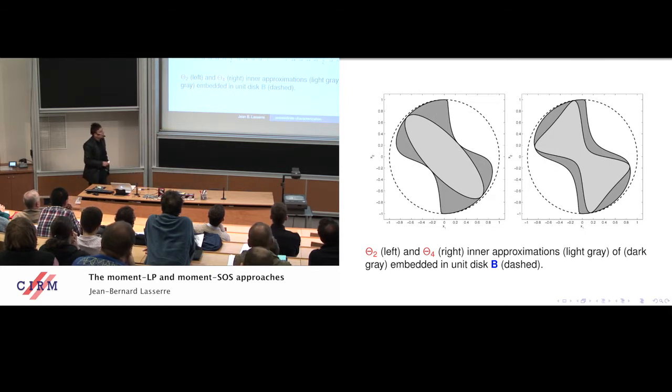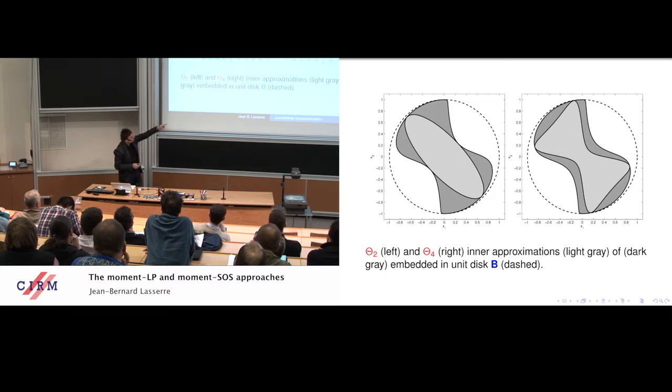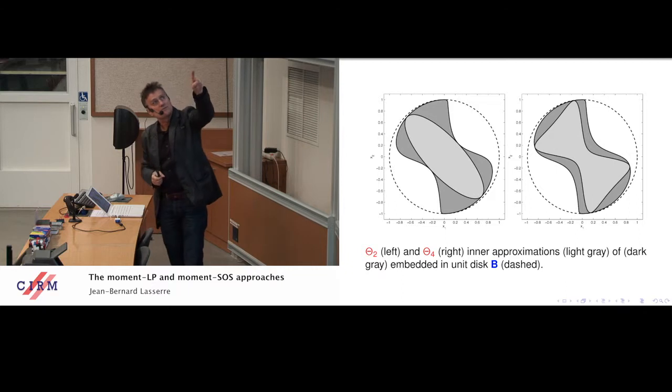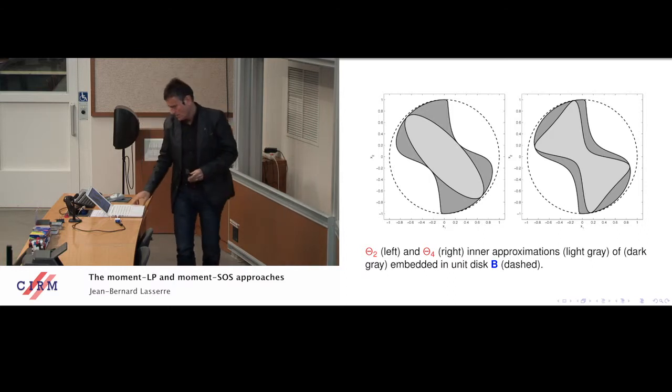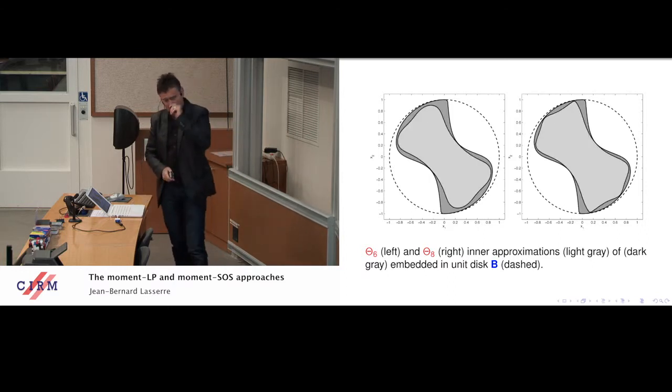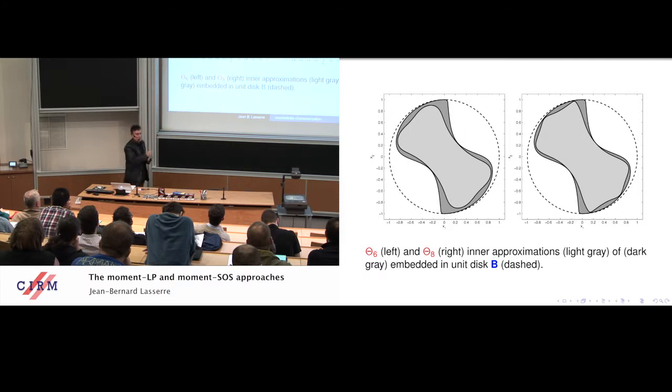With degree 2, so when you look for a quadratic, an ellipsoid, this is the first approximation in the hierarchy. You approximate it with an ellipsoid from inside. With degree 4, now you have a quartic, so the shapes start to mimic the set you would like to approximate. If you go to degree 6 and degree 8, this is what you obtain, so after the fourth iteration you see the sublevel set of your polynomial is mimicking the shape of your initial set.